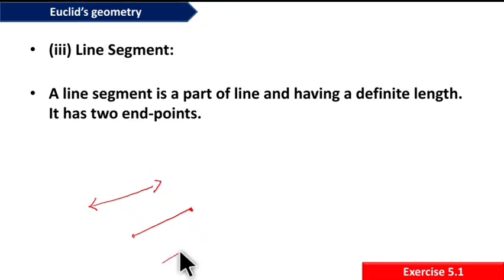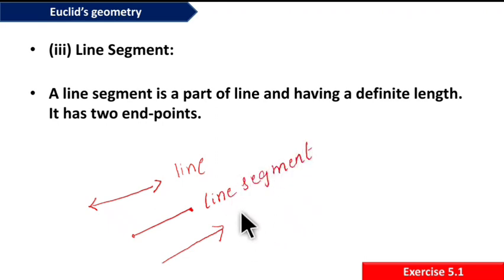And this is an arrow. This is the line. This is the line segment. And the last one is the arrow. An arrow has one end point. So what is a line segment? A line segment is a part of the line. It is also a part of the line and has a definite length. It has some length and it has 2 end points.